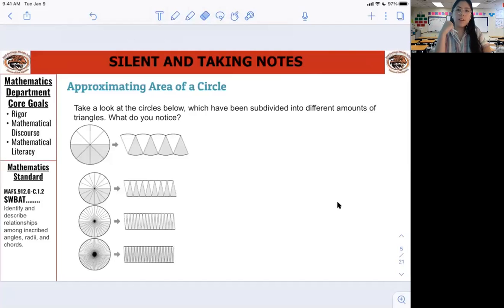Look at the circles below, which have been subdivided into different amounts of triangles. What do you guys notice? As you divide it more and more, what happens?